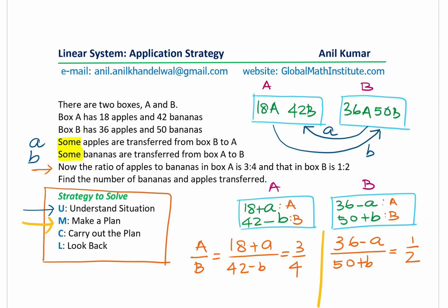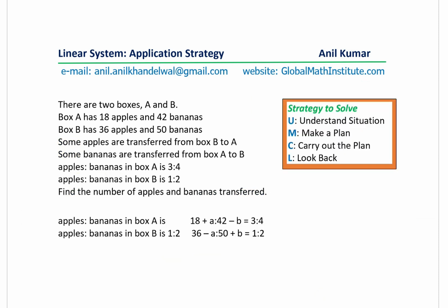The question says to find the number of bananas and apples transferred. That means we have to find the numbers A and B. These are the variables which we defined, and since we have two conditions, we can always figure them out. Correct? So let's go to a fresh page and solve this.